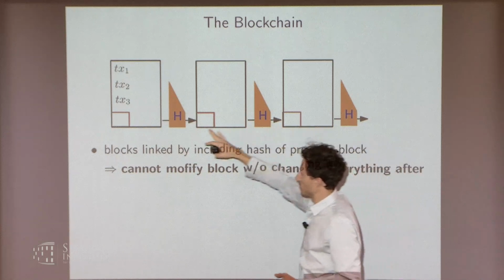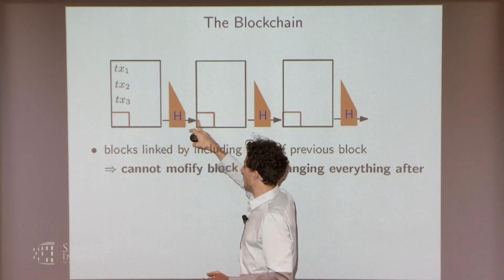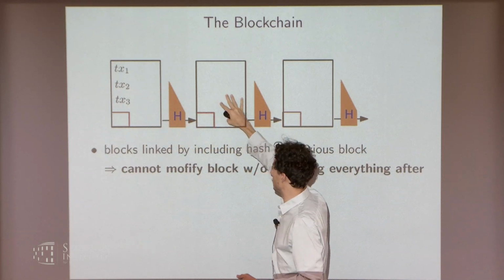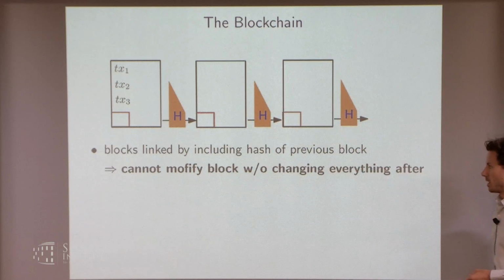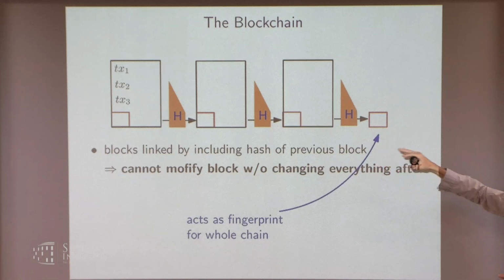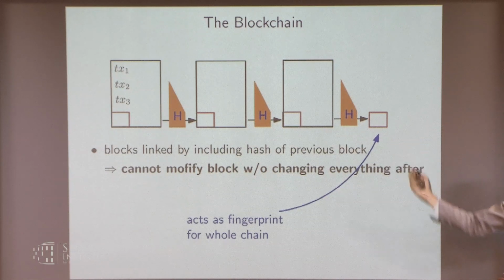So if I change something here, then the hash value will be different here, so this block will be different, and that propagates through. If I change something somewhere, I will change the last hash value. So this can act as basically the fingerprint for the whole chain.